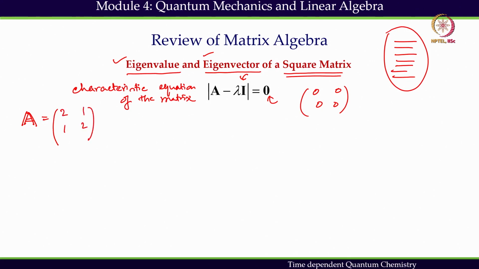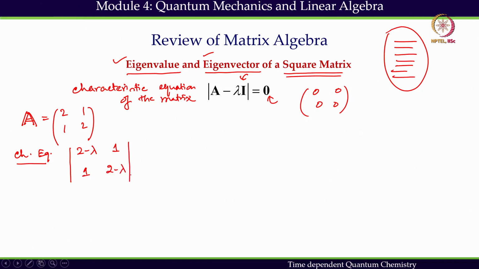If I have a 2 by 2 matrix like this, then the characteristic equation would be the following. It is going to be the determinant of 2 minus lambda, 1, 1, 2 minus lambda.